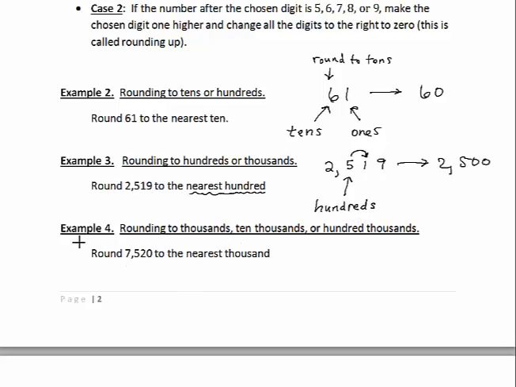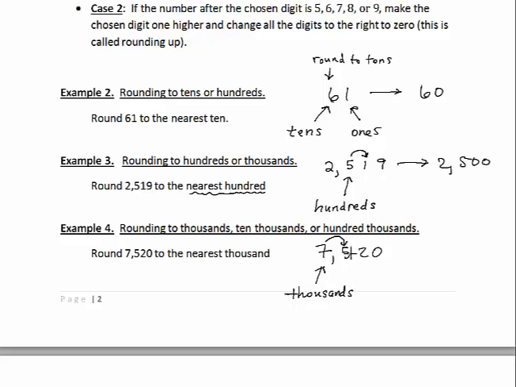Okie dokie. Example 4, we've got 7,520, and we want to round that to the nearest thousand. Well, we have a 7 in the thousands place. We simply look to the right, and now we fall into case 2. 5, 6, 7, 8, 9.